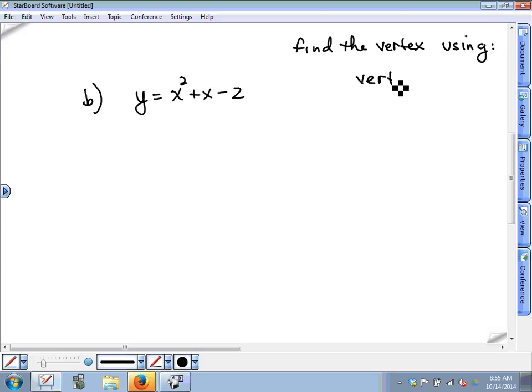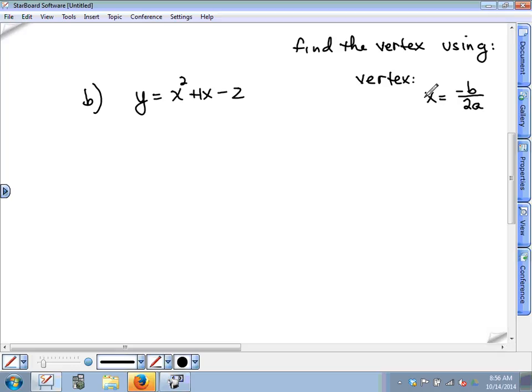It's called the Vertex Formula. It's x equals the opposite of b over 2a. Somebody remembers? All right, this is called the Vertex Formula, the opposite of b over 2a. I would use this formula if your b value is odd. Like now, our b value is 1.